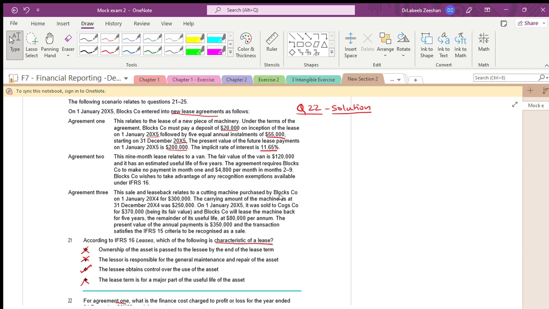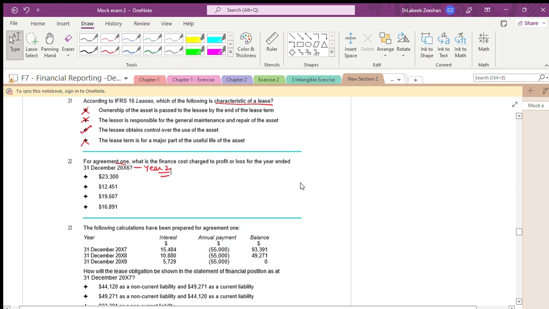Here we need the opening balance, payment, finance cost, and closing balance.